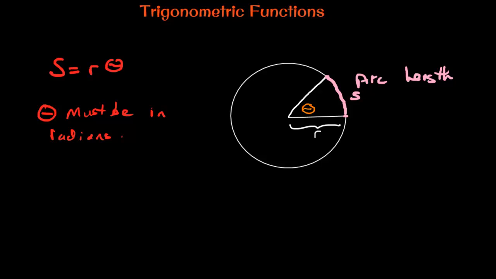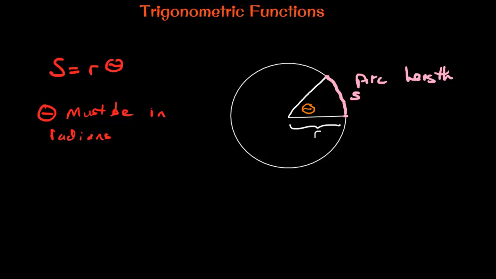I know most of us have become much more familiar with degrees, and degrees and radians measure the exact same thing. However, they're used differently, sort of like how we see meters and feet. One is a metric version, the other is a standard English version. So we have different ways to relate these angles.